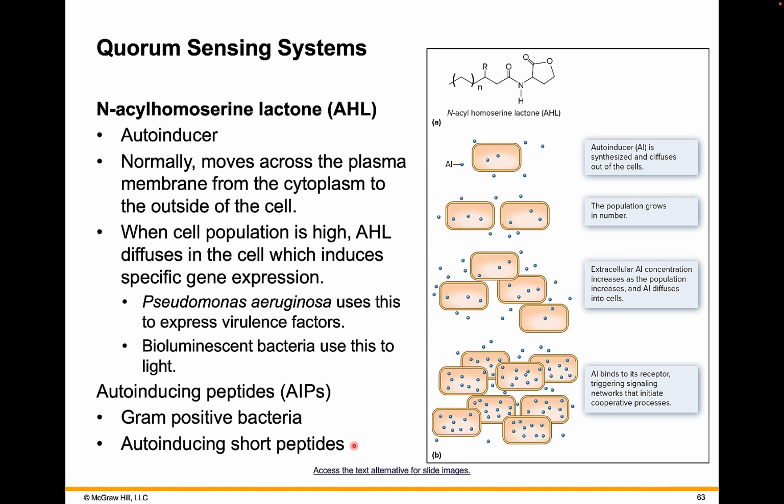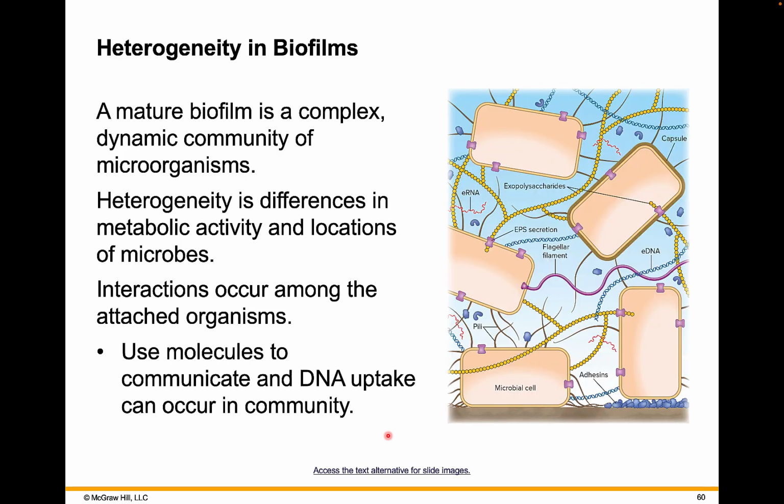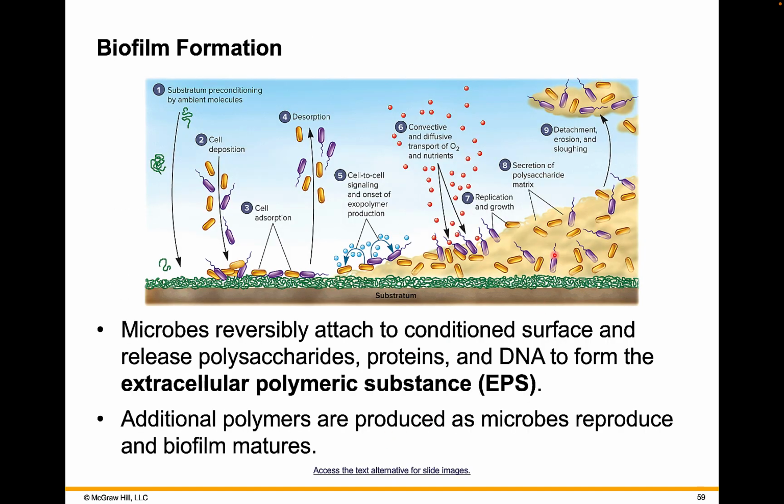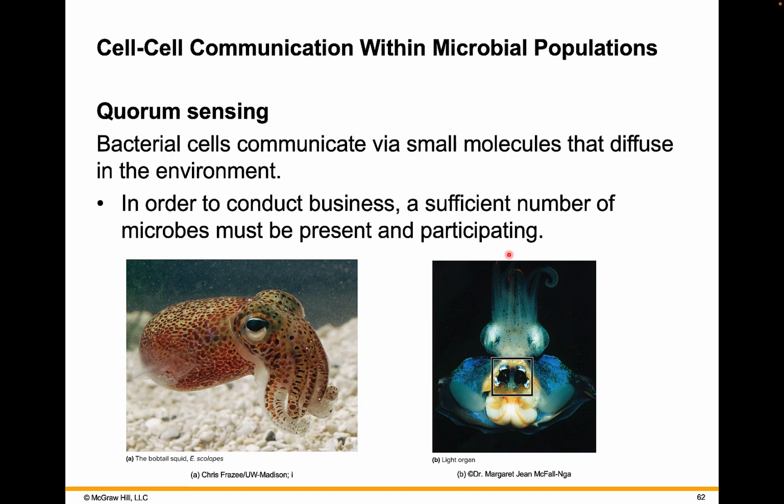These are lipid-like structures, and these are some of the autoinducing structures. So there are many different types of molecules which can be used as quorum sensing or signaling molecules. And interestingly, sometimes in some of these biofilm communities, interspecies communication can be formed by some of these molecules as well.